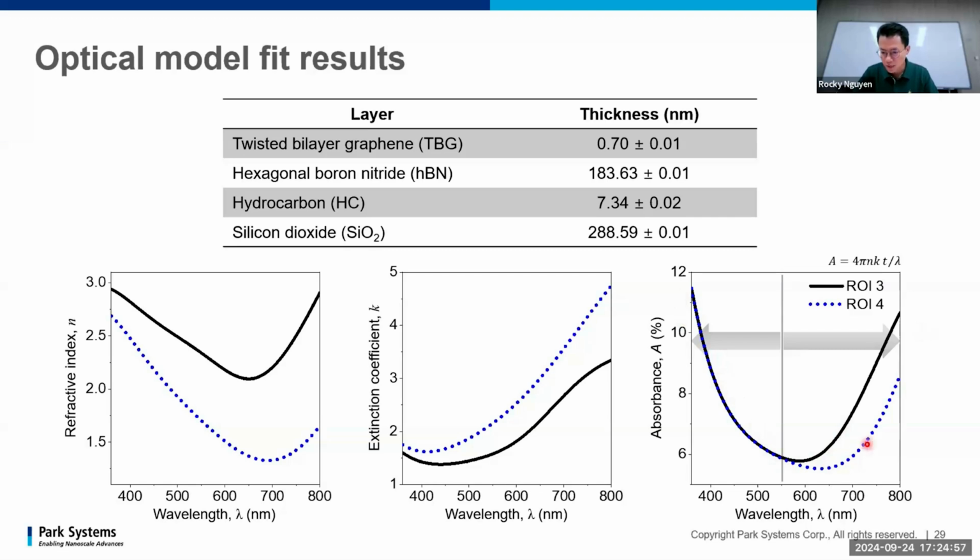For example, at 700, the absorbance is much smaller when we have the bubble below the surface compared to when we don't. So this suggests a difference in performance or efficiency when this sample is applied as a photodetector.